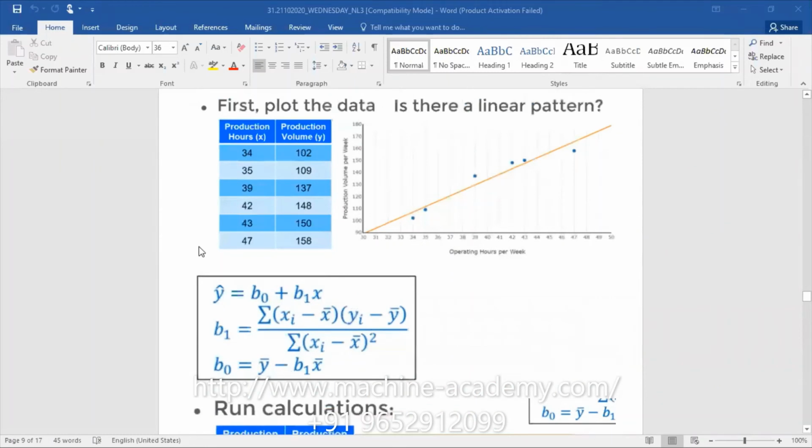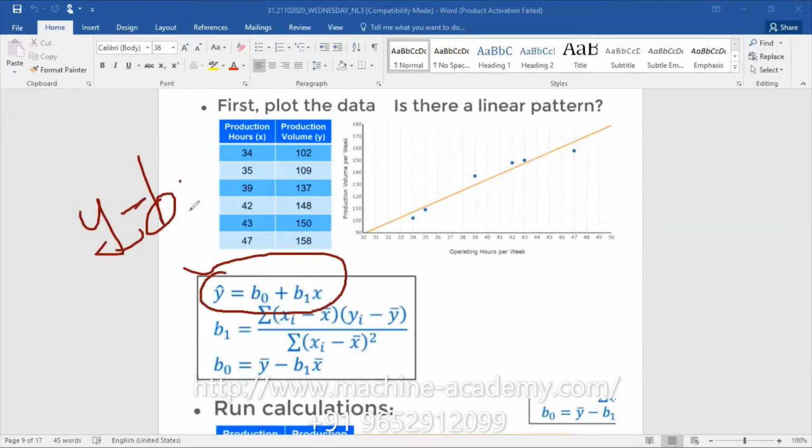Now observe carefully, what is our linear formula? Y cap equals b naught plus b1 x1. Here we are considering b1 as a particular formula. It is not written by me; some scientist designed it.